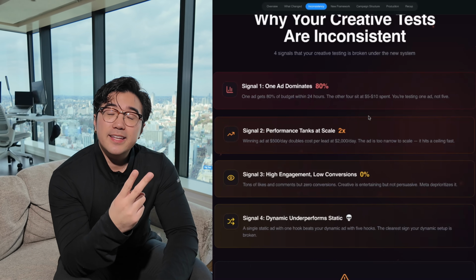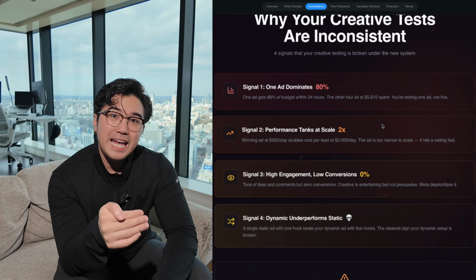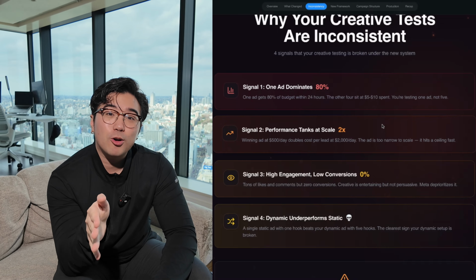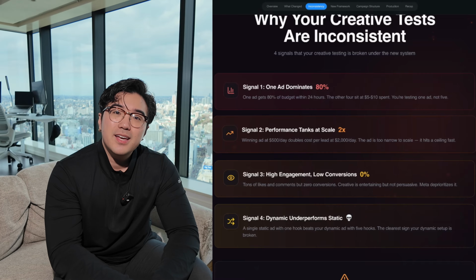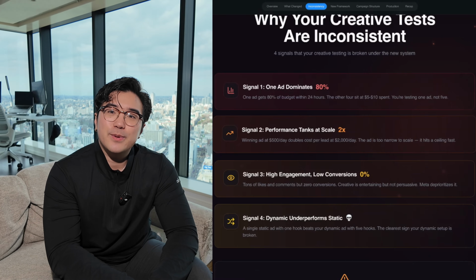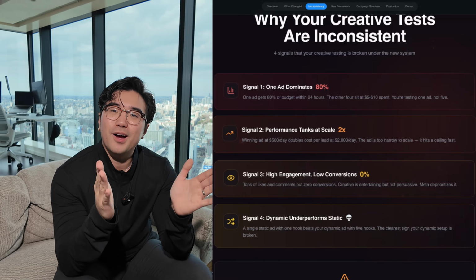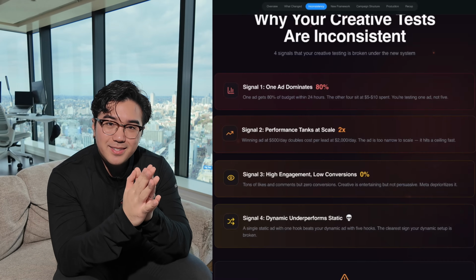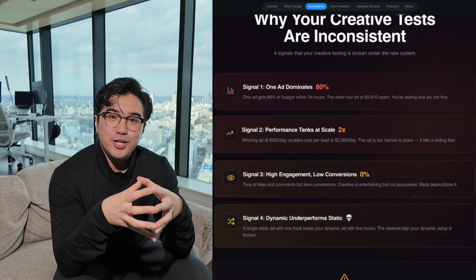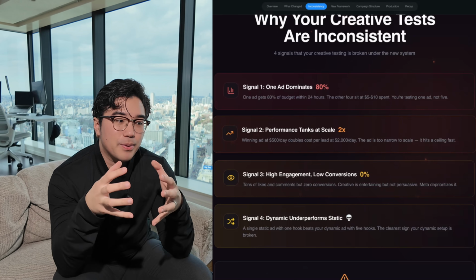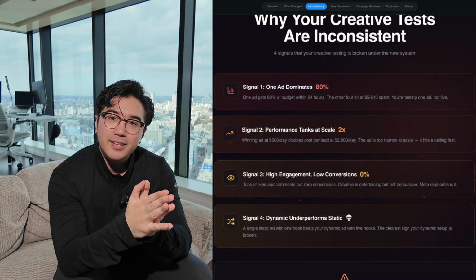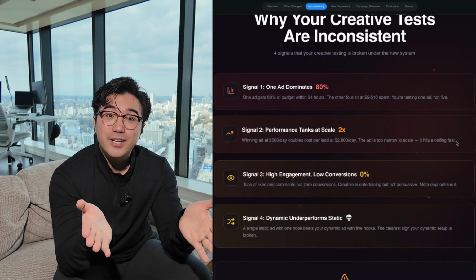Second signal, you find a winning ad, you scale it up, and performance immediately tanks. This is one of the most frustrating experiences in paid ads, and it's happening more often under the new creative testing system. You have an ad that is crushing at $500 a day. You bump it up to $2,000 a day, and suddenly the cost per lead doubles. No surprise.